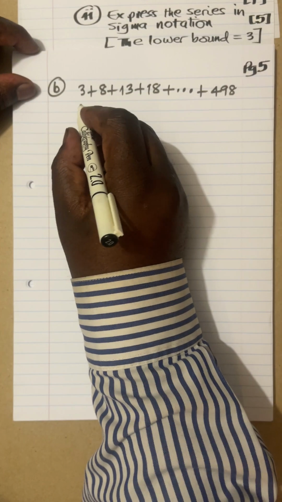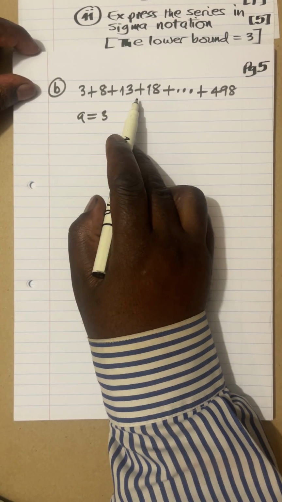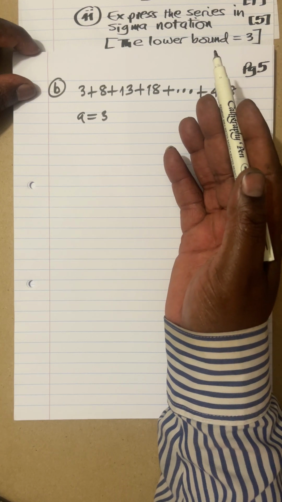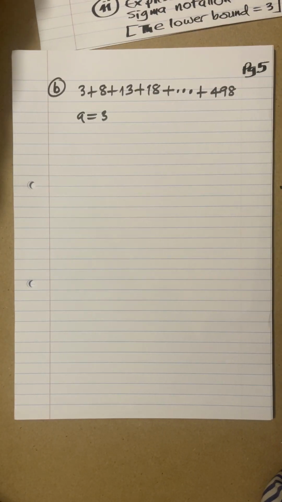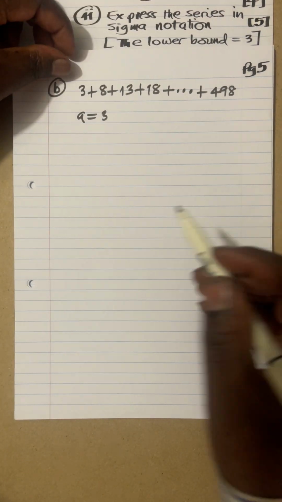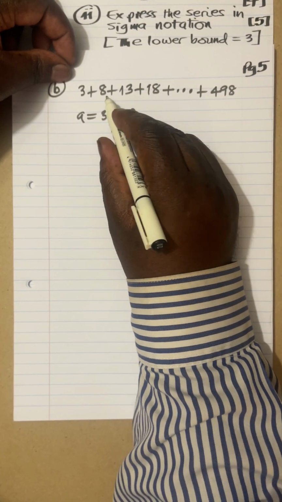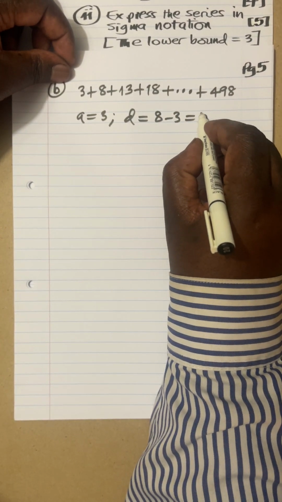Our first term is 3, and obviously you can see this is an arithmetic series. The question says, consider the following arithmetic series, so we don't even have to test it because we have been told it is arithmetic. So we can work out our common difference. It's 8 minus 3, and the answer is 5.